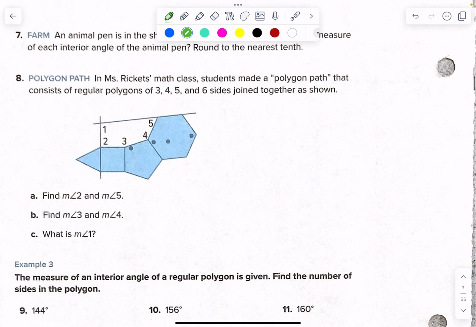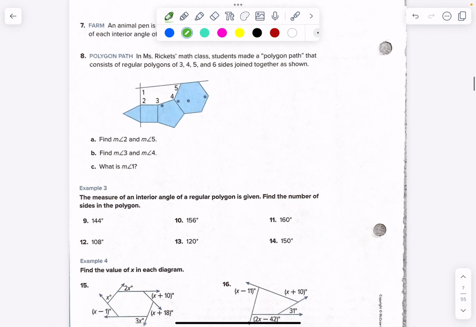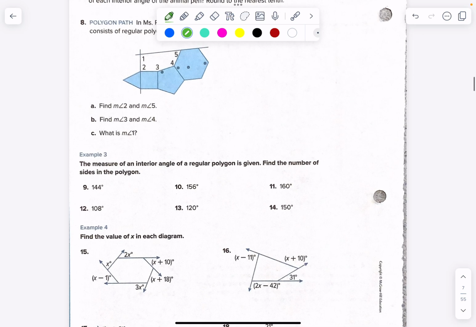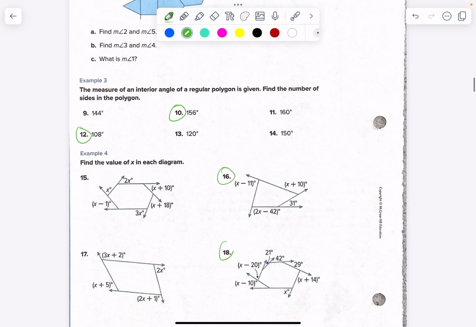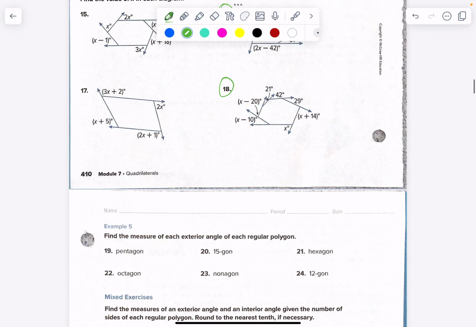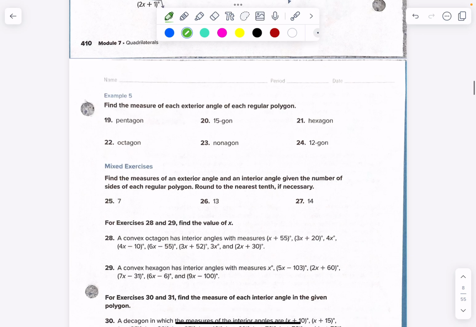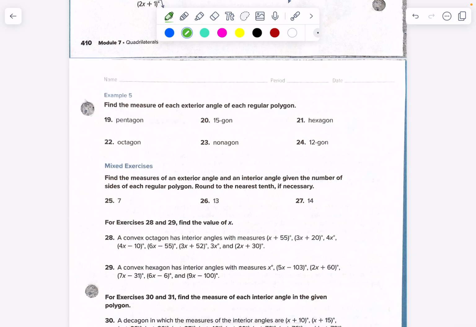And then we'll go 8, 10, 12, 16, and 18. Measures of the exterior angles. But then we've got to do 20 and 22 yet. Let's do 20 and 22 as well. Yeah, those are exterior angles. So make sure you are keeping track of whether it says exterior or interior.